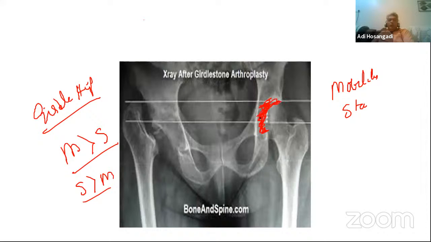If it happens by nature, it is ankylosis; if it is done by surgery, it is arthrodesis. So in arthrodesis, you will get a painless, stable hip, but mobility is taken away. There, stability is given importance, which means it is arthrodesis.